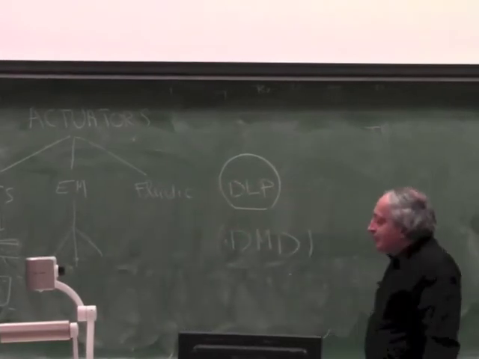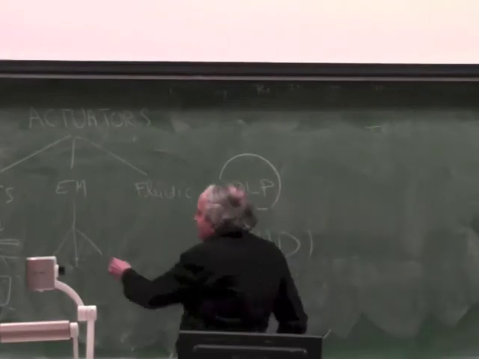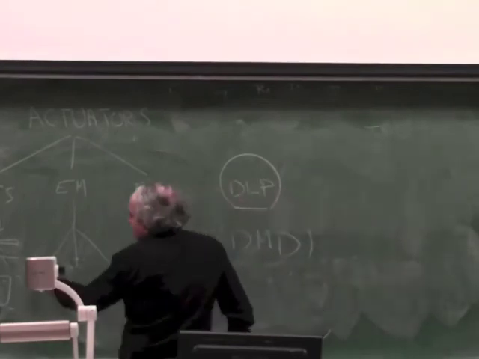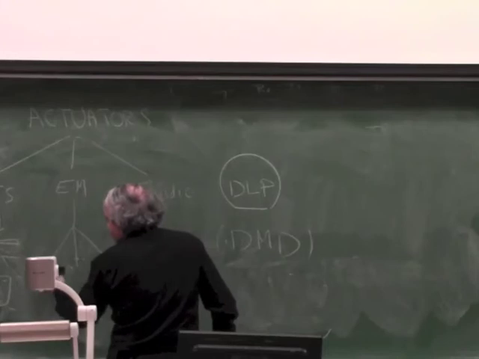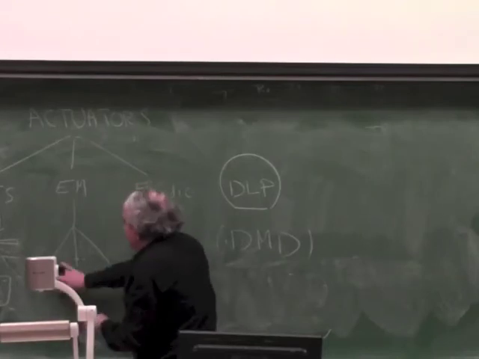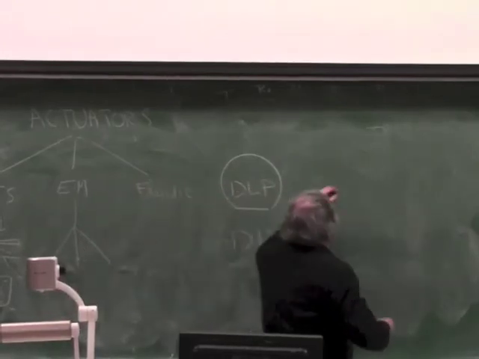Now, electromagnetic actuators come in 3 flavors. One is called moving coil. I'll just redraw this part of the diagram bigger here.